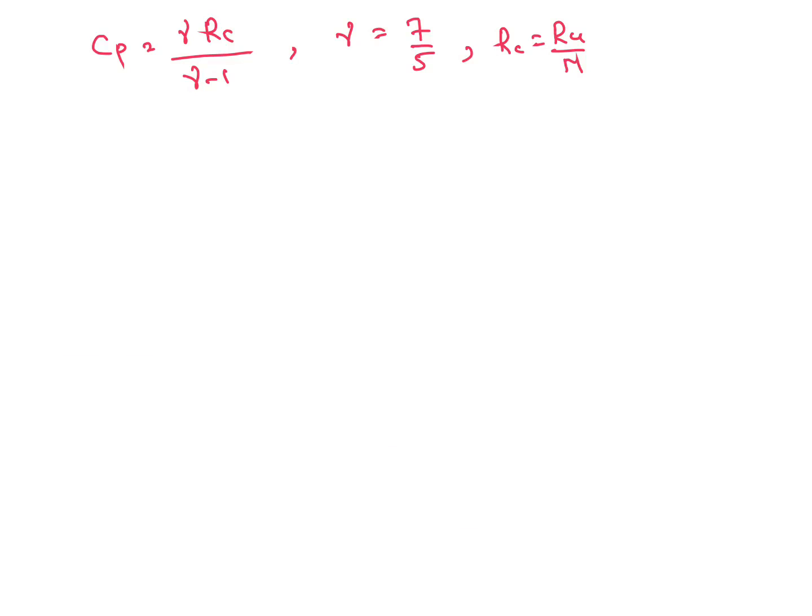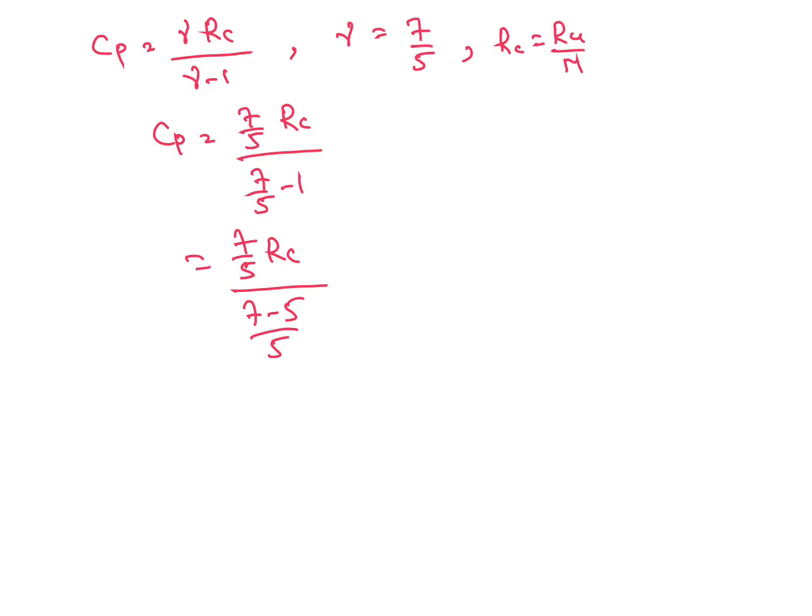So Cp equal to 7 by 5 into Rc by (7 by 5 minus 1). So 7 by 5 Rc by (7 minus 5) by 5. So it's 7 by 5 into 5 by 2 into Rc. 5 cancels.